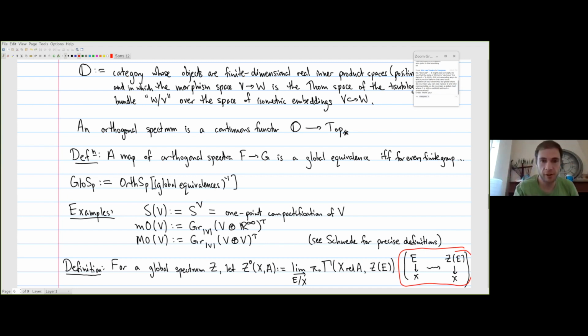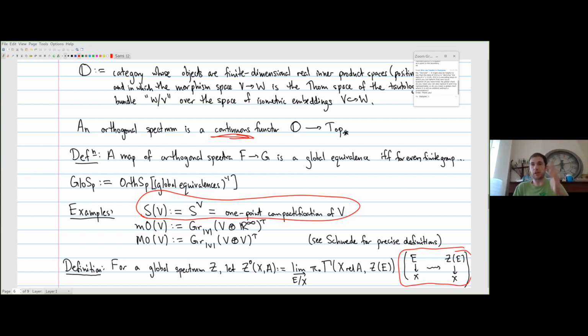These are topological categories, and so it makes sense to apply it in families. Like if I have a vector bundle, I can take the fiberwise one point compactification of it and get a sphere bundle. That would be the same thing as applying this orthogonal spectrum to that vector space. And you can do the same thing with any orthogonal spectrum.